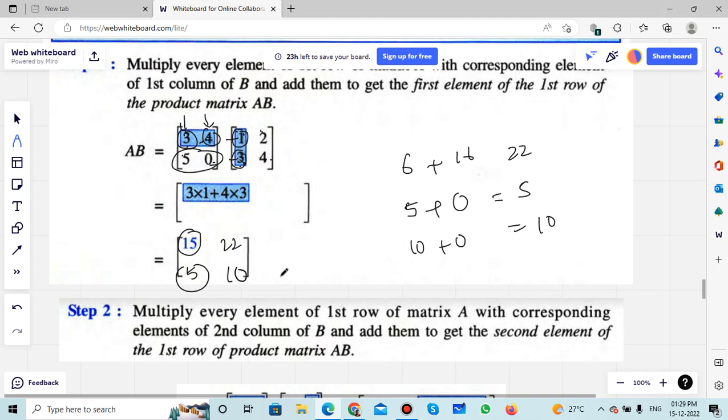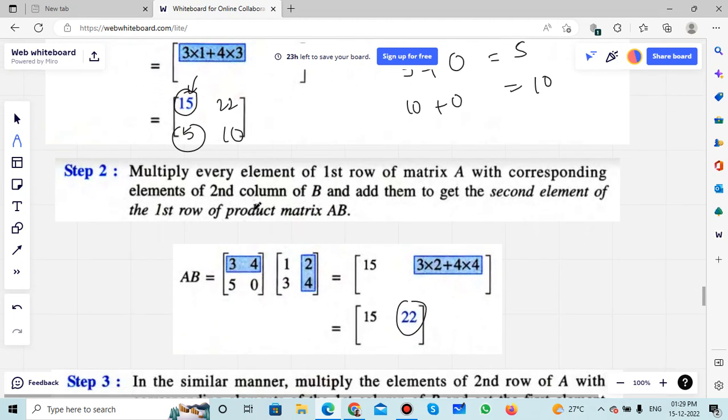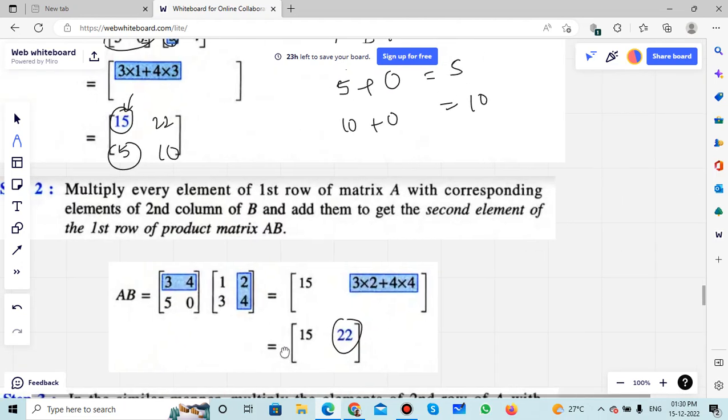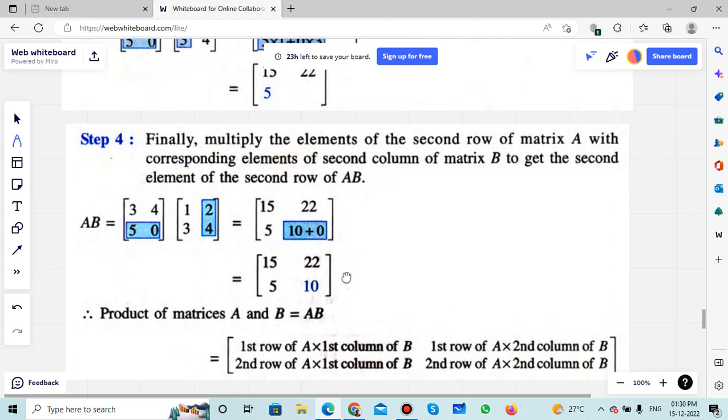So see, we multiply the first element of the row with the first element of the first column, the second with the second, add them up, and it becomes the first element here. This is how we got 15, 22, 5, 10. Understood?